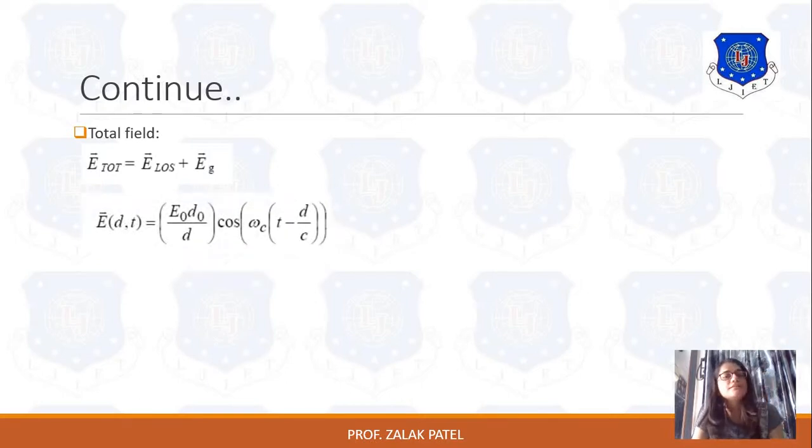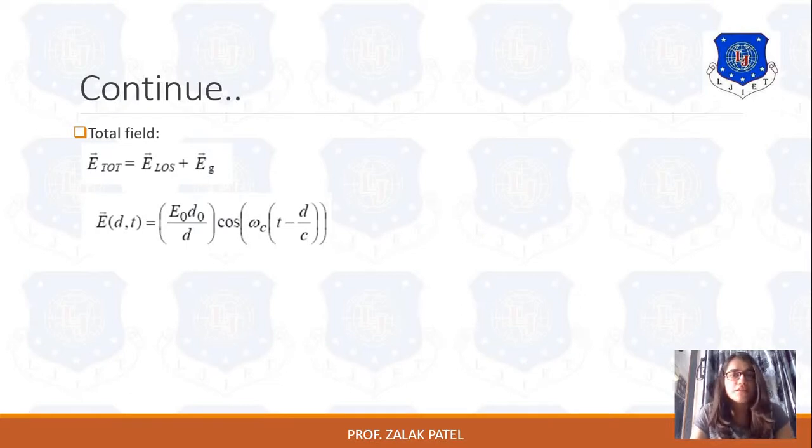In both cases, line of sight and multipath propagation, the field strength is given by E cos omega t. The general equation of any wave can be given by E0 cos omega t. Now we put different values in this common equation.